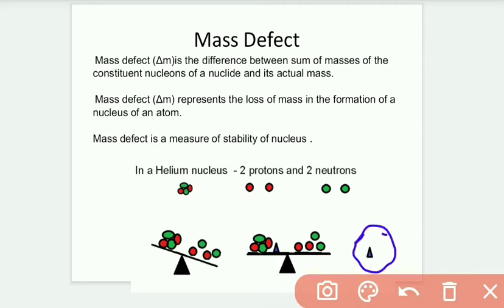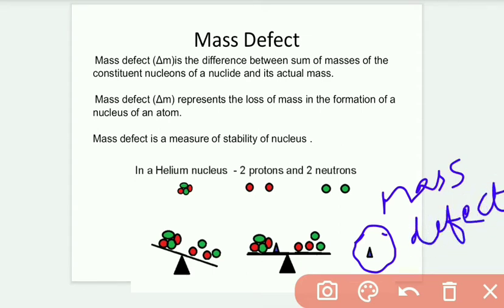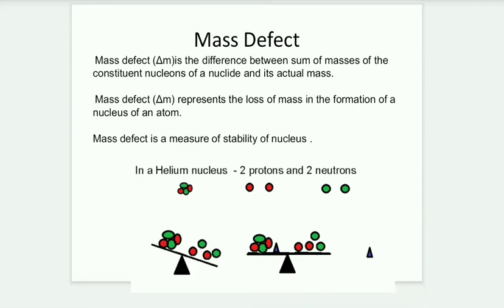That particular weight can be termed as mass defect. Sorry, my handwriting is not very good. So the missing mass, that is the mass that is lost during the formation of a nucleus from its constituent nucleons, that is mass defect.